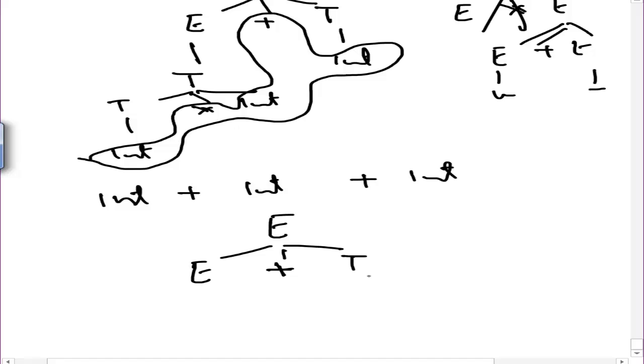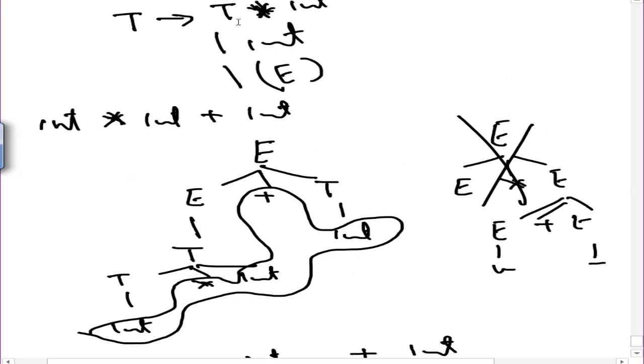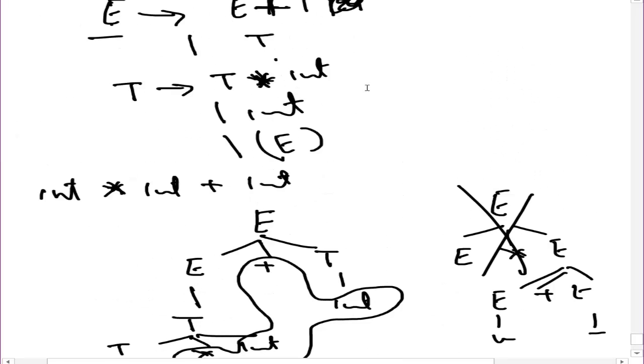Now can I get it from this guy? Because if I can do the right derivation and get the pluses from this side, that will be right associativity, but I can't do it because T does not have a plus. If I see my rule, T does not have a plus, T has a multiplication, so I can't use T to get another plus. I have to get the plus from the E only.